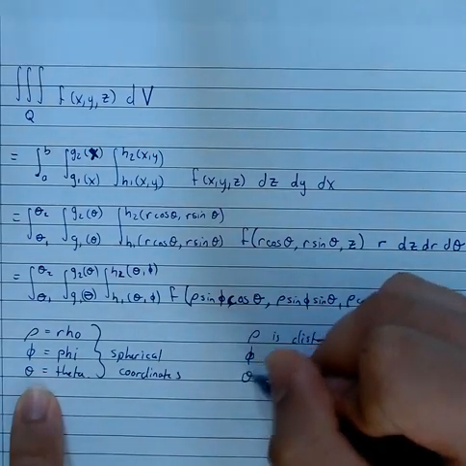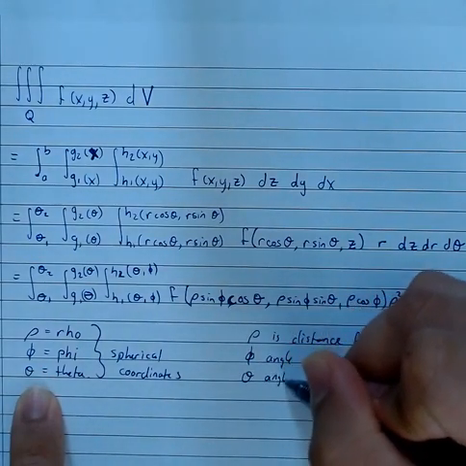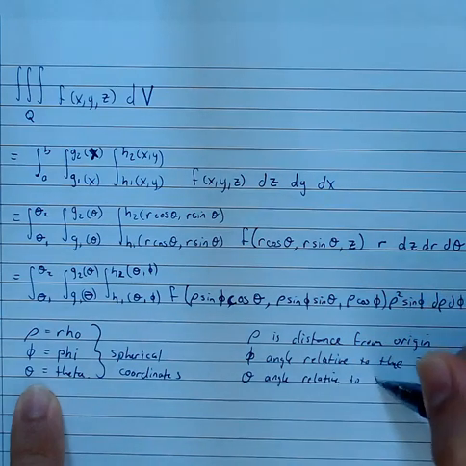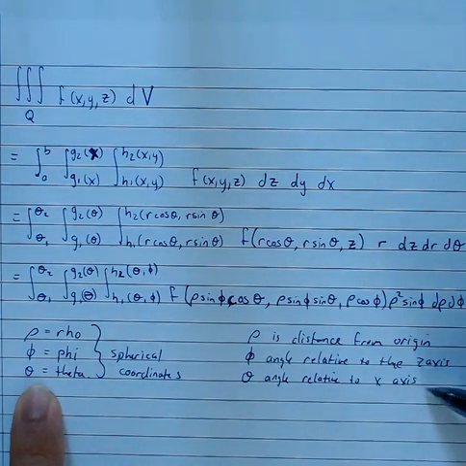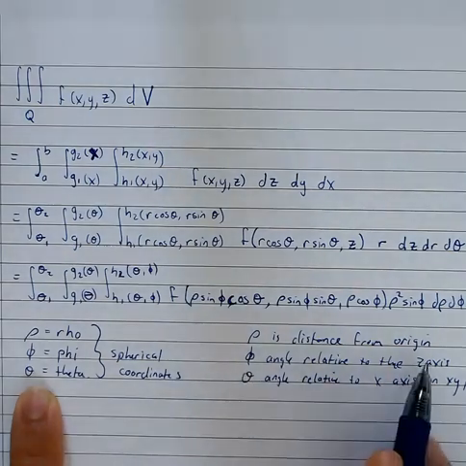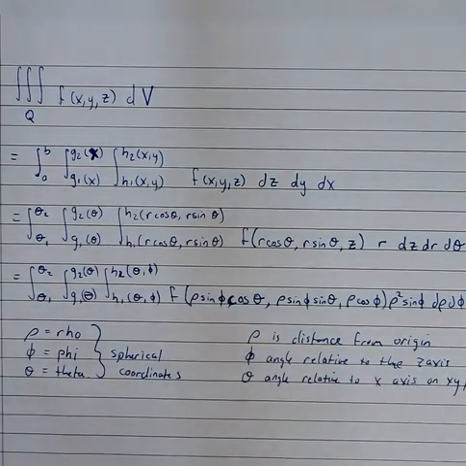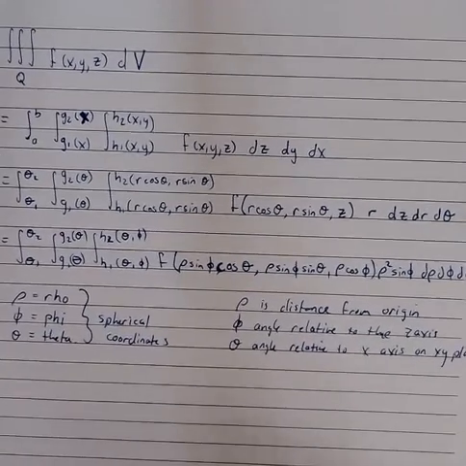And here theta is an angle relative to the x-axis on the xy plane. Note here, this one isn't on any particular plane, it's simply in any direction. But here theta is relative to the xy plane.